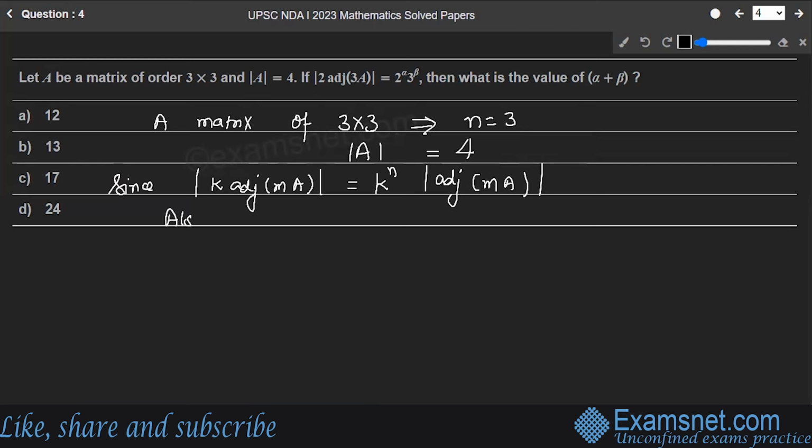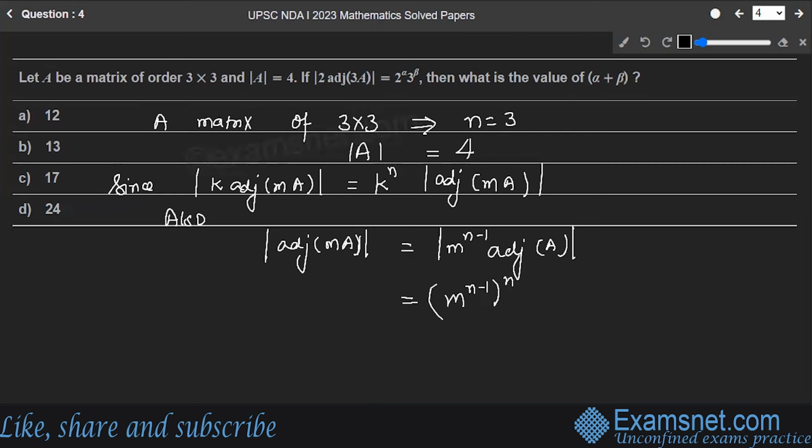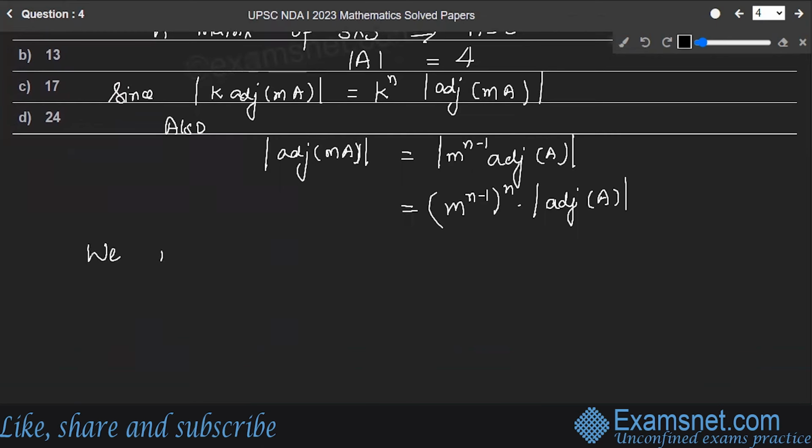Also, determinant of adjoint of MA is equal to determinant of M raised to power n minus 1 into adjoint of A. This is equal to M raised to power n minus 1 raised to power n into determinant of adjoint of A. Now, we also know that adjoint of A is equal to determinant of A raised to power n minus 1.